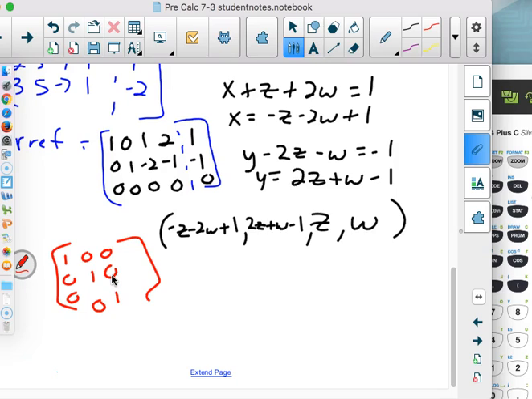Exactly. So we won't be able to find them. No matter what, W was going to be infinitely many for this one because we didn't have a square matrix. And if we wanted to find all 4 of them, it had to be at least a 4 by 4 for us to start off with the coefficients. Otherwise, we're not going to be able to do it. What do you do if you have 3 variables and 5 equations?